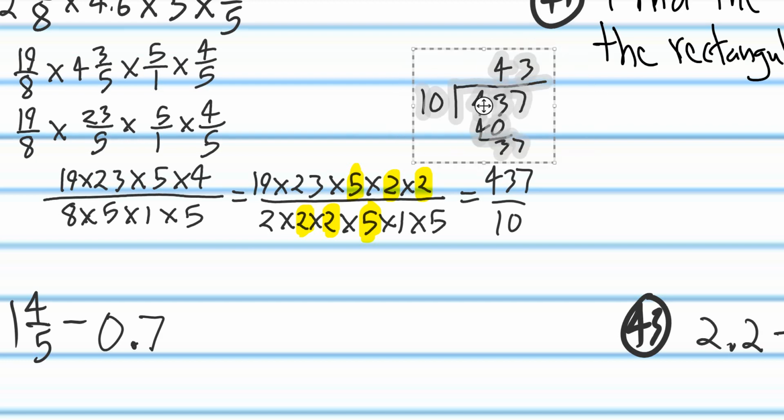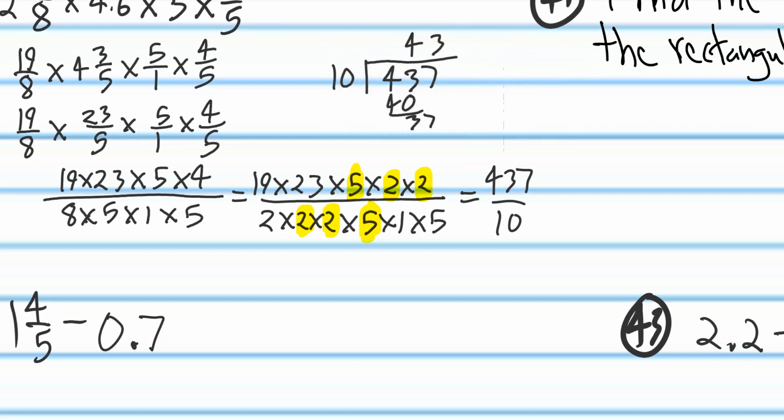And now, do we want to change this to a decimal, or do we want to change it to a mixed number? Well, if we want to change it to a decimal, we would have to add a 0 here and keep going, so we get 0.7. But if we want to leave it as a mixed number, what I'm going to do is just stop there, and that becomes our remainder.